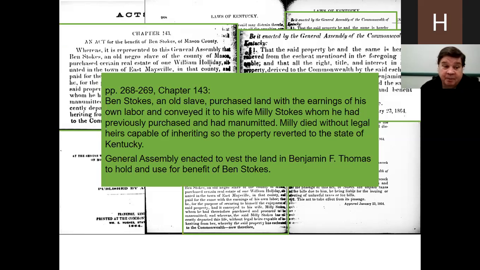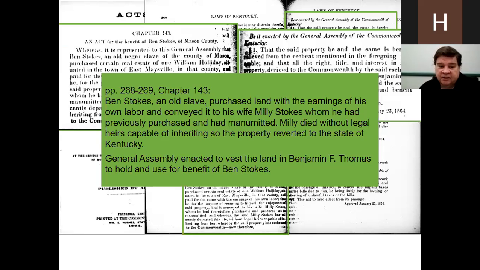So there's a little bit to unpack here. So we know Ben Stokes is a slave, and he was able to earn some money from his own labor on the side. You know, the slave owner let him do that. And apparently the first thing he bought was the freedom for his wife. Now, you probably know the answer to this, but let me ask you anyway. Why would he free his wife before he freed himself?